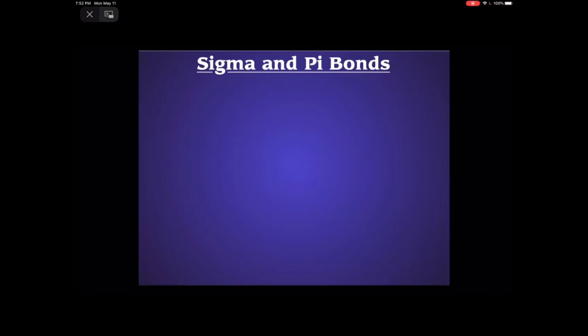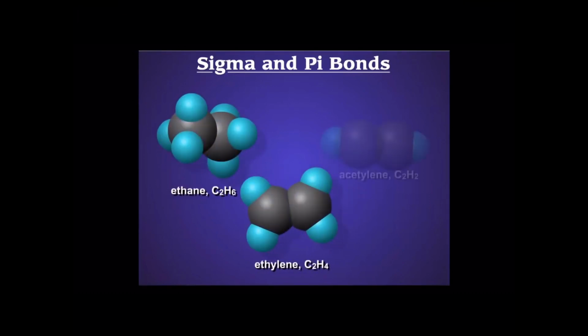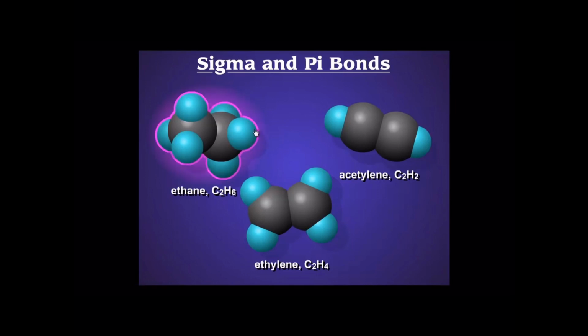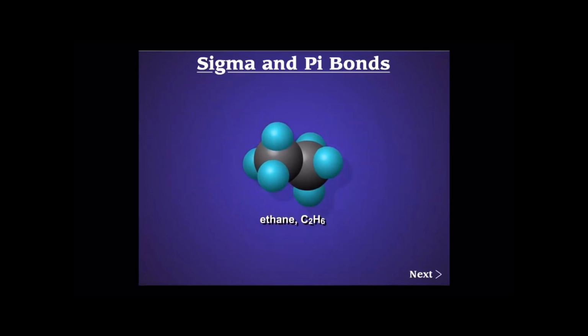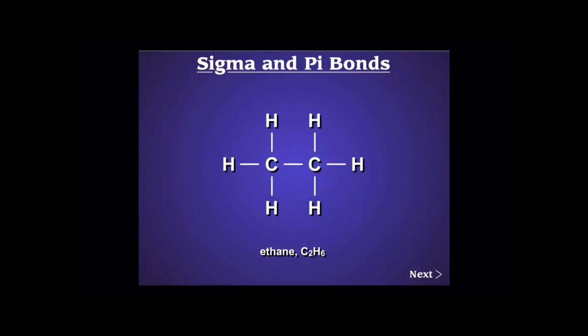Let's examine the bonding in three molecules: ethane, ethylene, and acetylene. Click on one of the molecules to view an animation of the bonding in that molecule. First, consider the Lewis structure of ethane. Counting the number of VSEPR pairs of electrons around carbon 1, we find 4 VSEPR pairs. You should also count 4 VSEPR pairs around carbon 2.